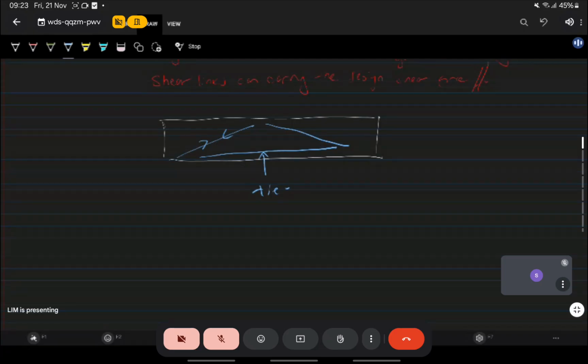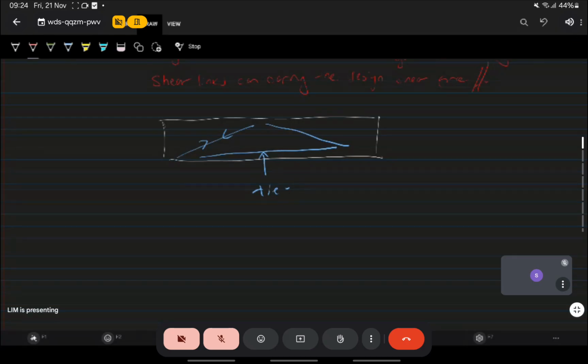We need to know what that tie force is as well, because that tie force is tension, and it will put additional tensile forces at the bottom of the beam. The bottom of the beam is in bending, it's undergoing tension. Because of this strut and tie model, we are putting additional tension in that bottom of the beam. So we need to check how much we have to increase the reinforcement by.